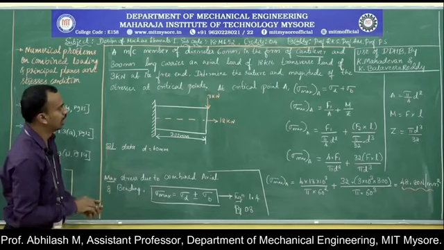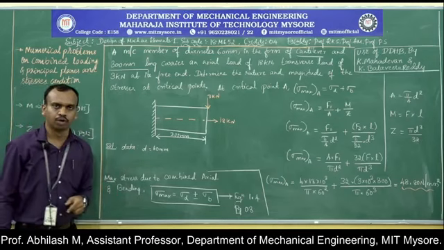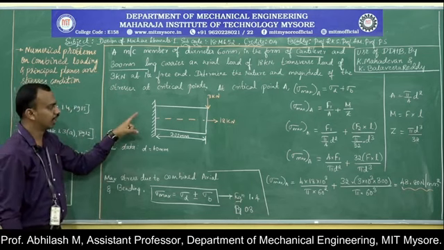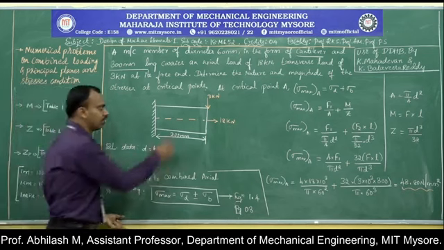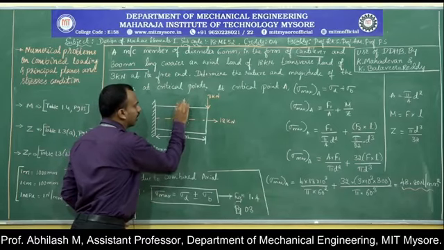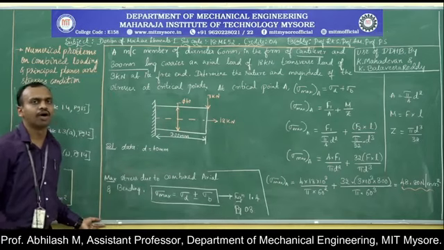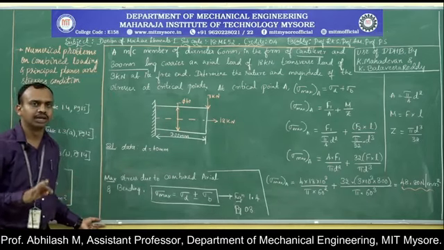For this particular condition we are supposed to determine the stresses at the critical points. First we are supposed to identify the critical points. Prior to that we will identify the diameter. The diameter they have given is 60 millimeter, and we are maintaining all the units in terms of millimeter itself.